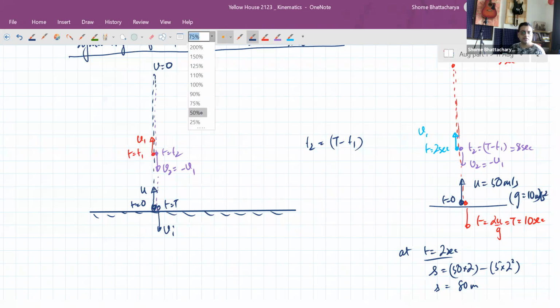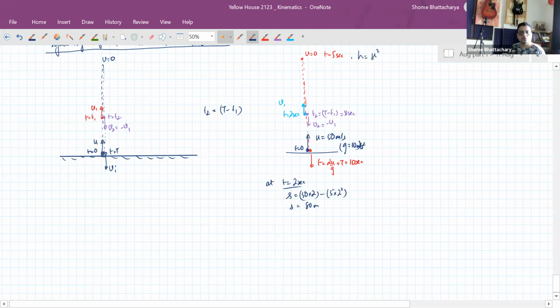Whereas the maximum height is u square by 2g, so that will be 125 meters. Now you can see that at t equal to 8 seconds, at this point of time, the velocity will be u minus gt, so it will be minus 50 meters per second. You can see at 8 seconds, the displacement will again be the same because it's at the same position.